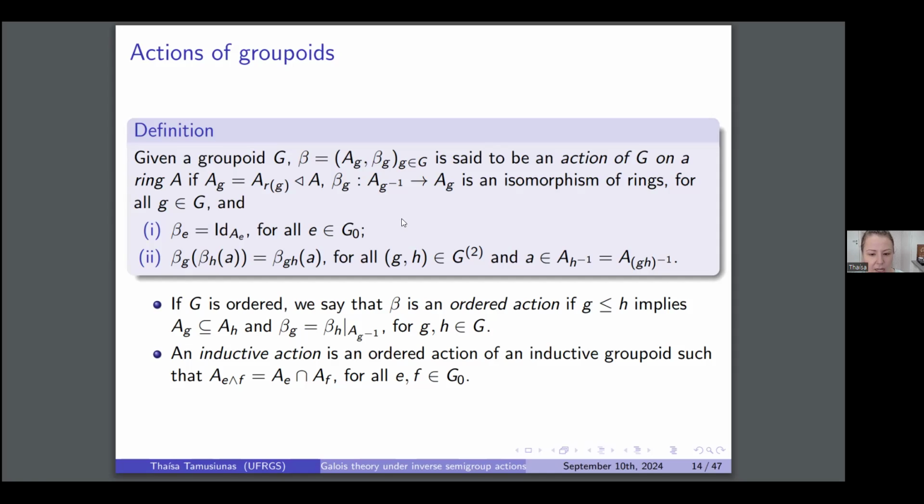Okay. I can interpret the action of a groupoid as a functor from the category of groupoids to another category of groupoids, in the sense that the collection of beta G forms a groupoid.